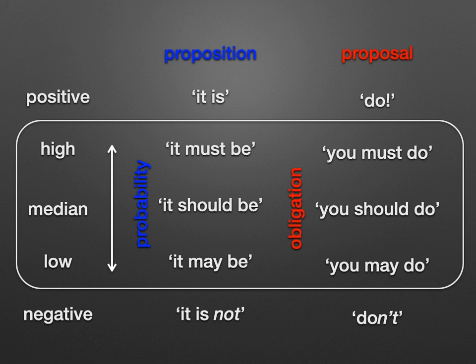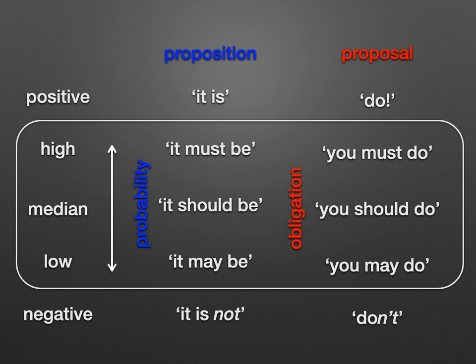And there are 3 degrees of value: high, medium and low. So if we use the probability type of modalization as an illustration, if we start with it is, then high degree of probability is it must be, median is it should be, and low it may be, and then categorically negative it isn't.